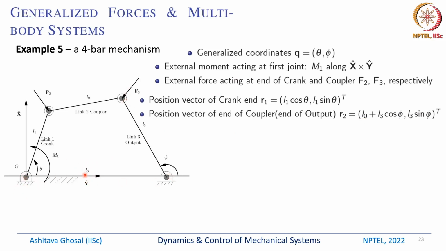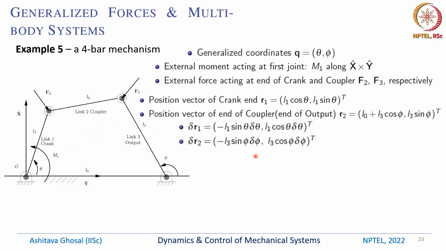So this vector is L0 along the x direction, and then L3 cosine phi, which will give me this distance, and then L3 sine phi, which is the vertical distance. So I know the position vector of these 2 points.